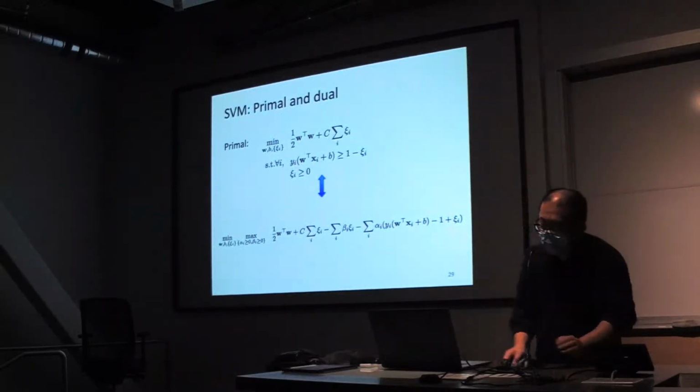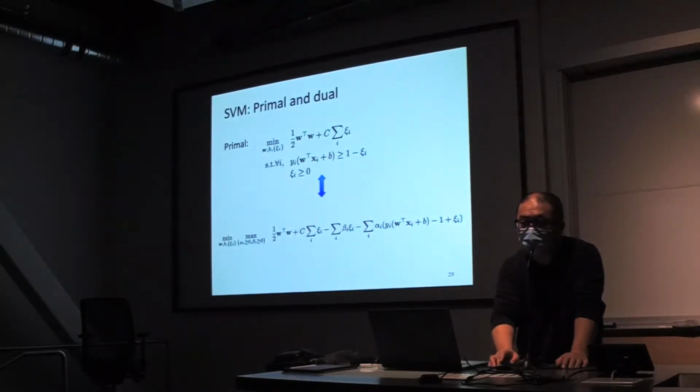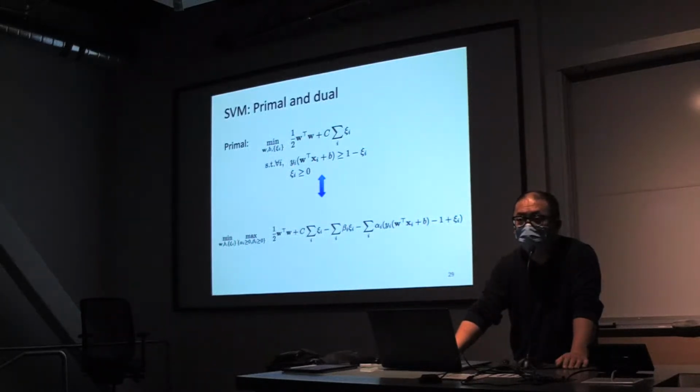Okay, so let us continue with SVM. In the last lecture, we introduced the dual formulation of SVM. It originates from the general primal and dual formulation for constrained optimization problems. For an arbitrary constrained optimization problem, we can first convert it into a minimax optimization problem over the Lagrange function.